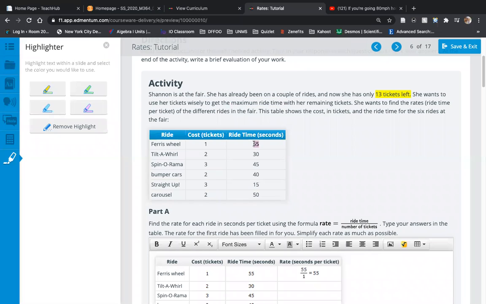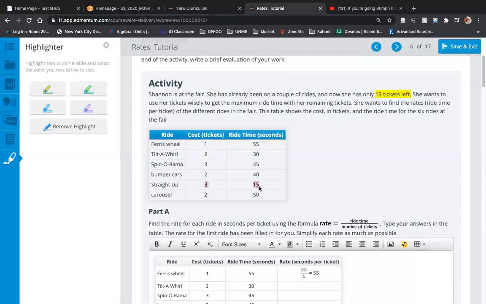But that's not the only thing that we need to consider, right? Because we might have a ride like this. Does this seem like it's gonna be a good ride for her to go on if she's trying to maximize her ride time? No, right? Because it costs the most tickets. Well, it's tied with something else for the most tickets, and she's only getting 15 seconds. So the Ferris wheel is definitely going to be a better bet than that.